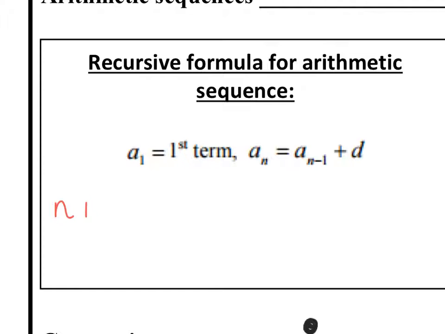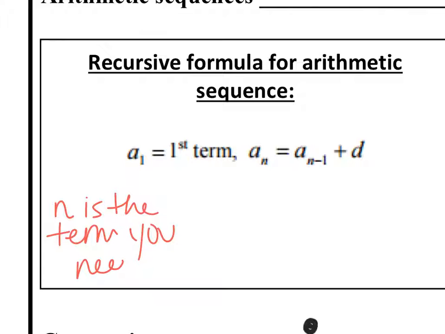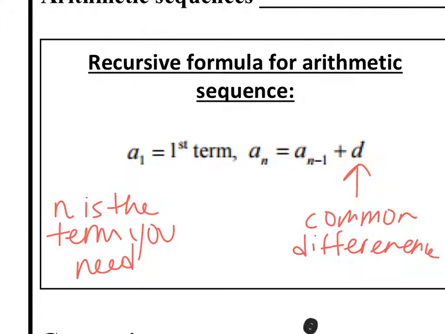N is the term you need. Common difference.